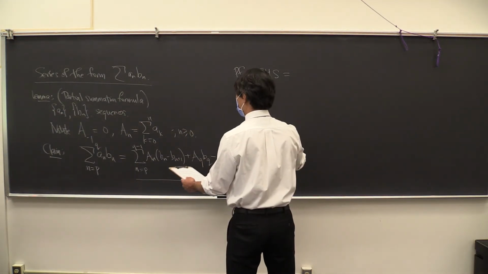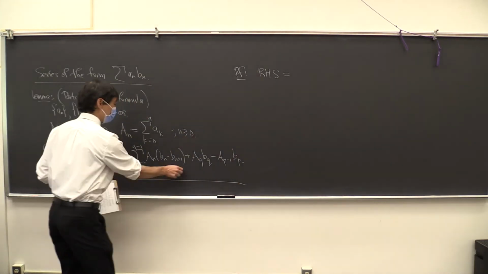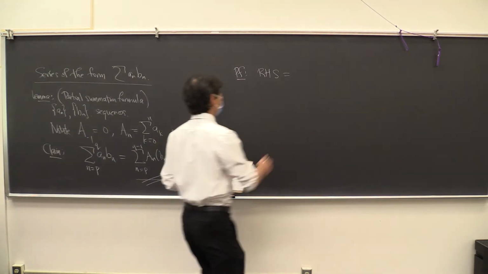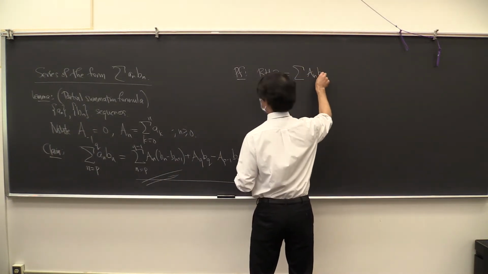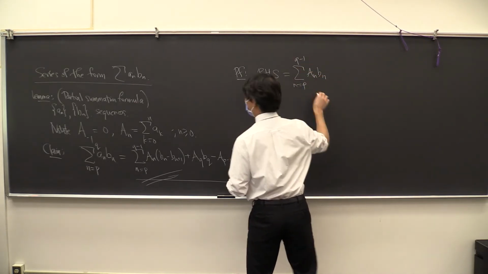What we do first is split the first term up into two parts. So this is the sum of a sub n b sub n from n equals p to q minus 1.